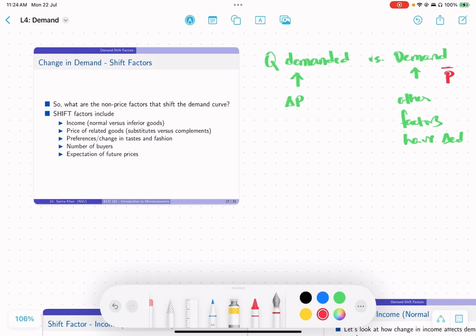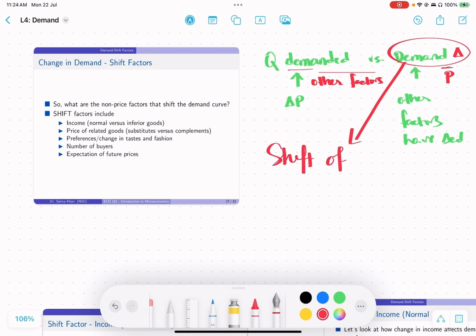The price has actually remained constant. And here, when we're saying that prices change, which leads to quantity demanded changing, this is where we say that other factors, that's what remained constant, okay? So whenever we're talking about a change in demand, essentially we're talking about a shift of the demand curve.